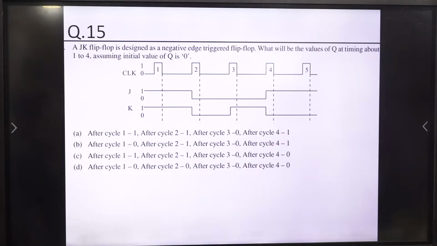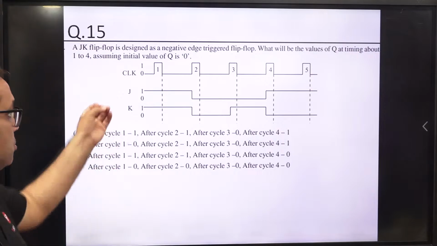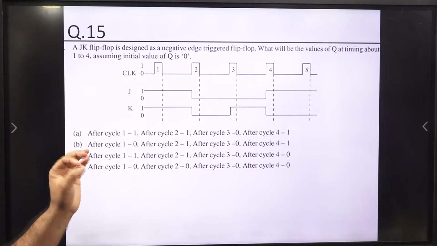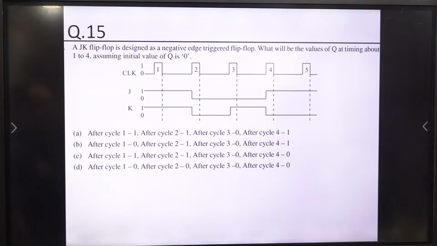Anyone who got the answer to this question, please tell me. Clock is given to us and J and K inputs are given to us. We have to decide the output Q. What will be the output Q at timing 1 to 4?